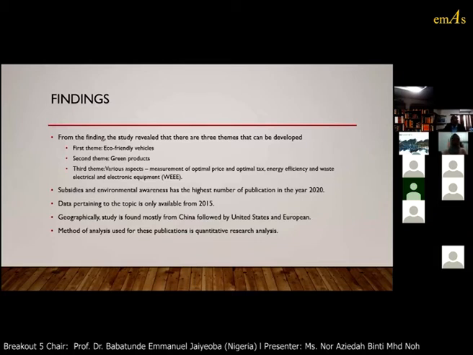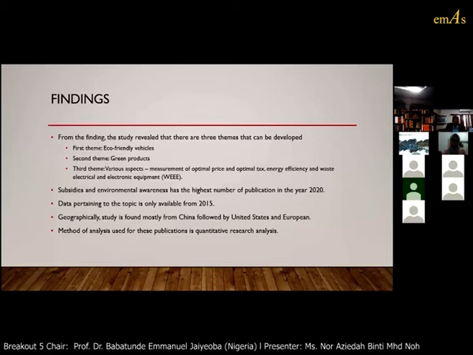From the findings, the study revealed that there are 3 themes that can be developed. First, eco-friendly vehicles. Second theme, green products, which is the most discussed topic in this study. And third, optimal tax and subsidy mechanism.